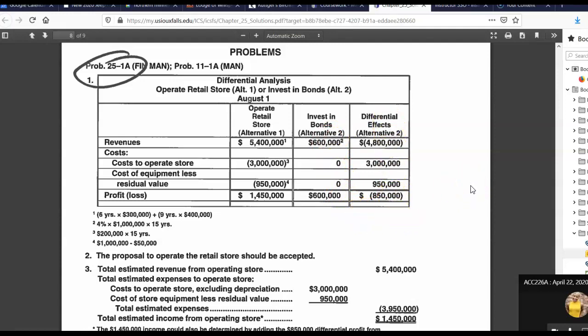Let me talk just real briefly about this differential effect column. Some of you reached out to me about this on Cengage, and it was a great question because, to be honest with you, they do it differently each way, and I don't have a great answer for you to tell you why it appears one way in one problem and another way in another.